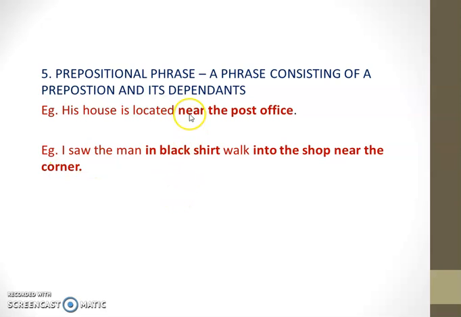It consists of the preposition near and the dependent, the post office. So, near the post office is the prepositional phrase. Another example given, I saw the man in black shirt walk into the shop near the corner. It consists of two prepositional phrases, in black shirt and into the shop near the corner. Here, in is the preposition. In the second one, into is the preposition.